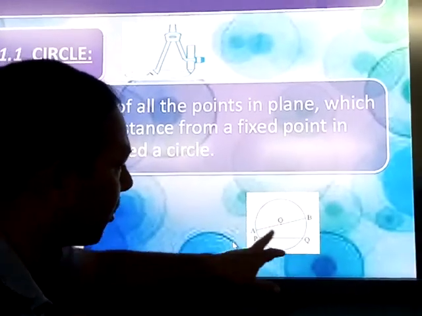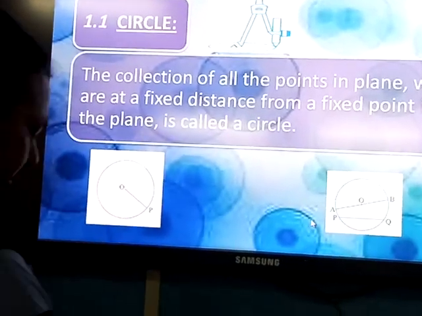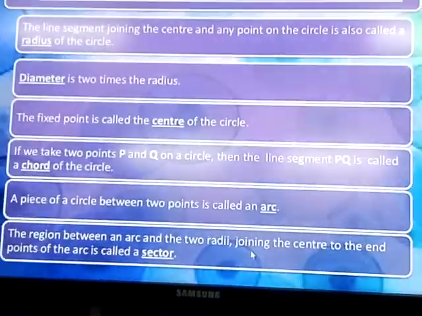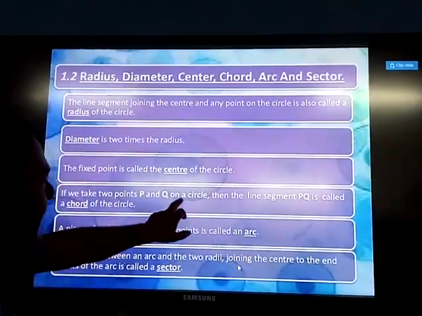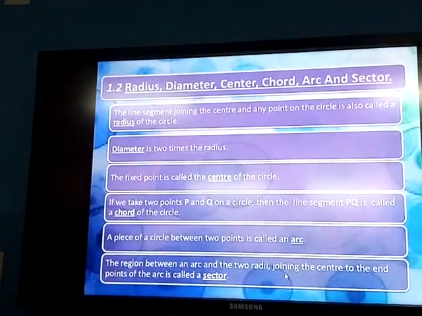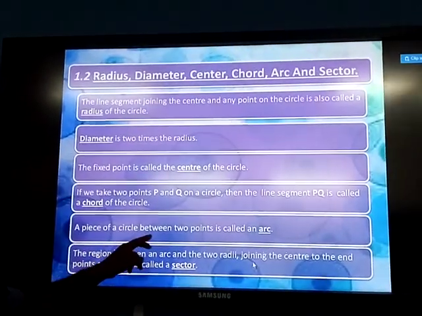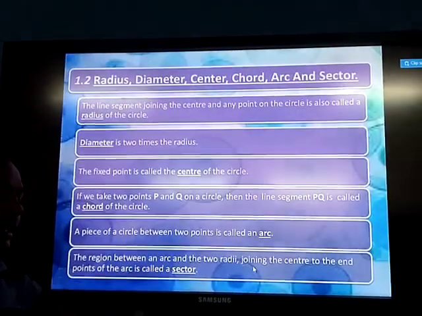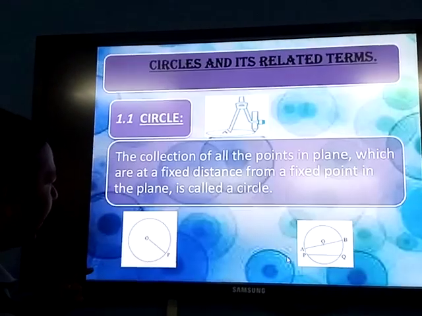If this chord goes through the center, it becomes a diameter. If we take 2 points P and Q on a circle, then the line segment PQ is called a chord of the circle. A piece of a circle between 2 points is called an arc.